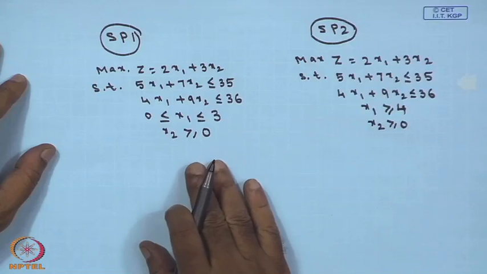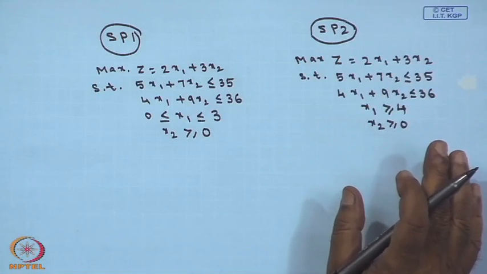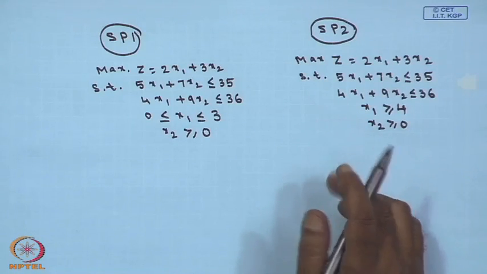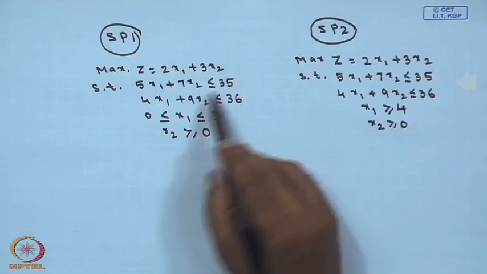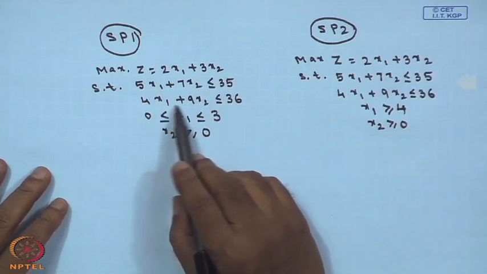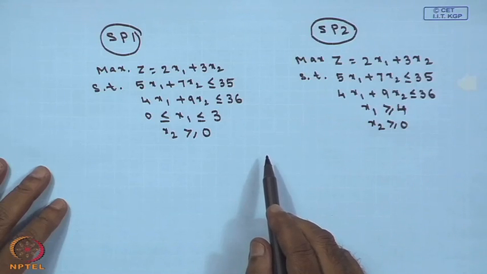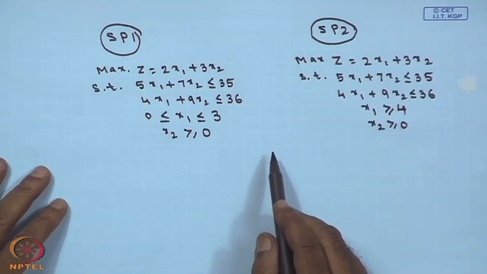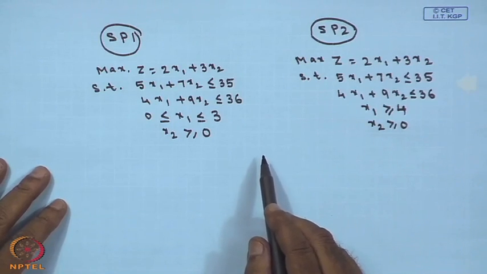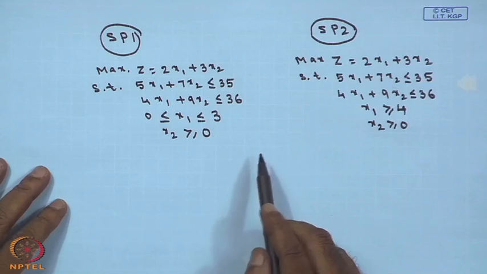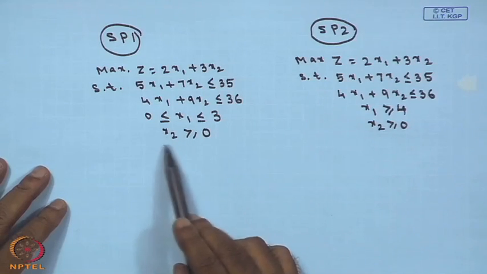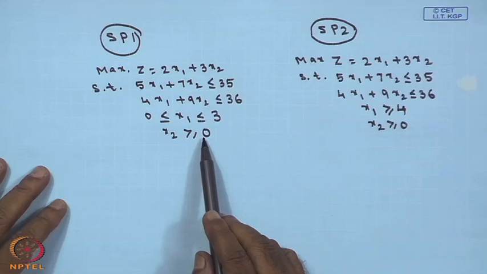So, I am solving this not by the simplex method because it is an easy one. The first two lines will remain the same: 5x1 plus 7x2 equals 35 and 4x1 plus 9x2 equals 36. Also x2 greater than equals 0, that is x2 equals 0 is there.